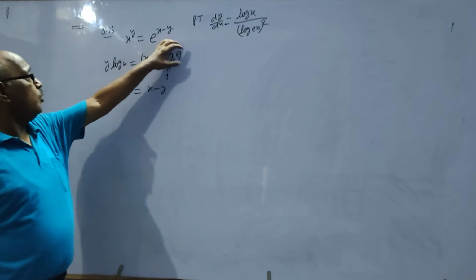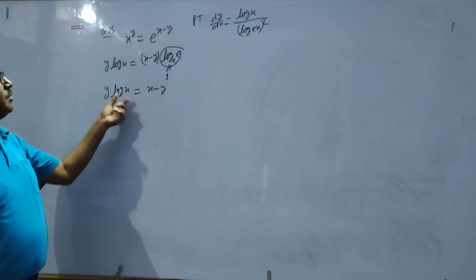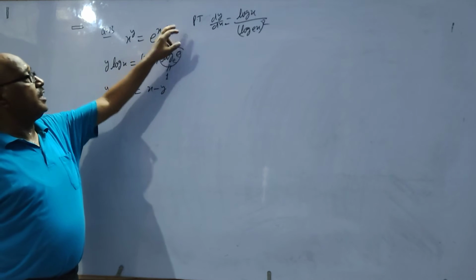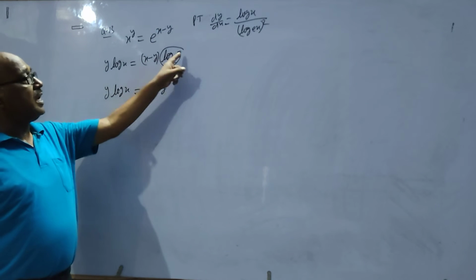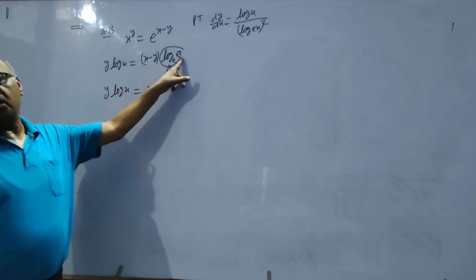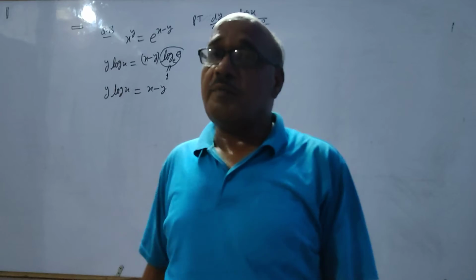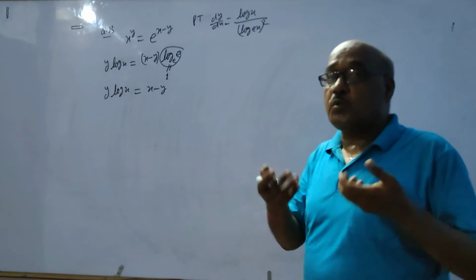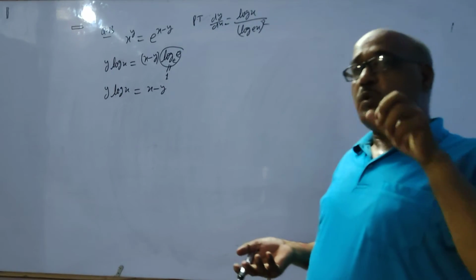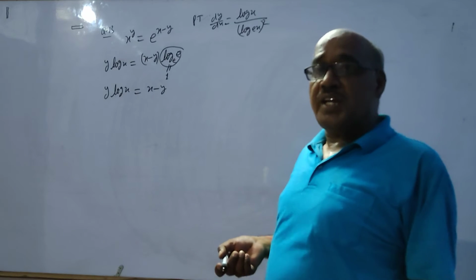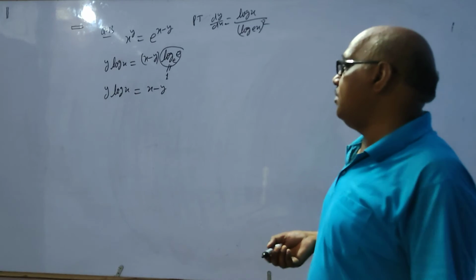When you take log of both the sides, you get y log x; the power comes first, e to the power x minus y, so x minus y times log e. When the base is not mentioned, we take e as the standard base. The value of log e to the base e is equal to 1, because log of any number to the same base is always 1.